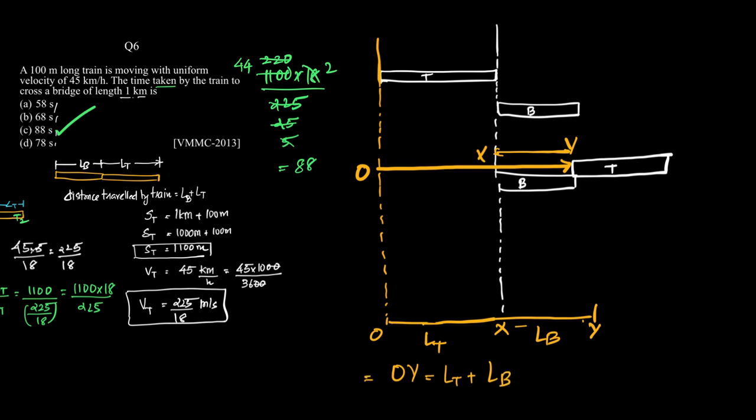OY is the distance traveled by the train. So distance traveled by the train is length of train plus length of bridge. I think now it becomes more clear to understand. If it is not, please do mention it. I'll make sure that I present a better diagram with a more conceptual understanding.